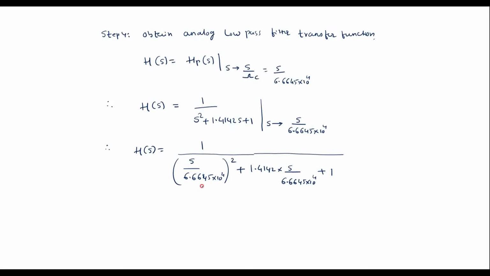So further I can simplify this as H of s is equal to 1 upon, so here I will take this as LCM, that is 6.6645 into 10 power 4 square.